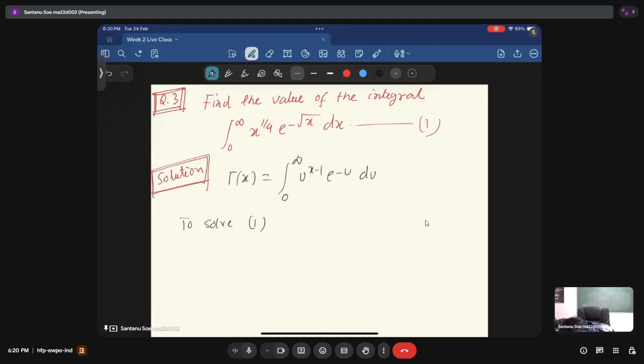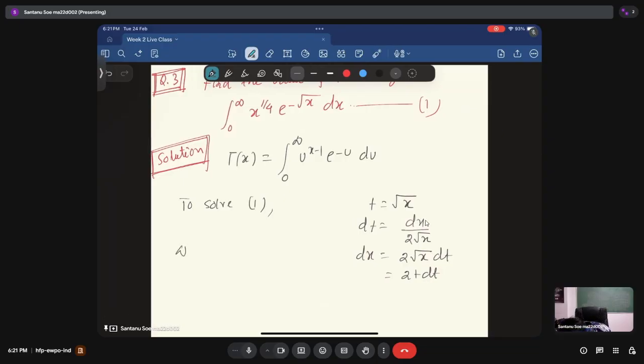So for that reason, we're going to just put t to be root x. Okay, so if t is root x, then dt is nothing but dx by 2 root x, correct? Or dx is 2 root x dt, or 2t dt, right?